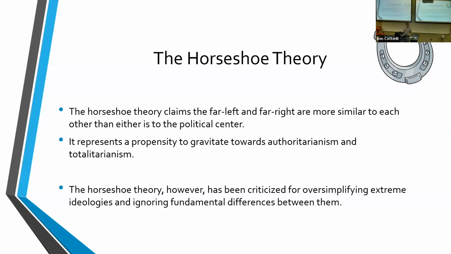And the main argument here is that those at the extreme ends have a gravitation towards authoritarianism, towards totalitarianism, regardless of whether they're on the right or the left. And so they have a lot in common.